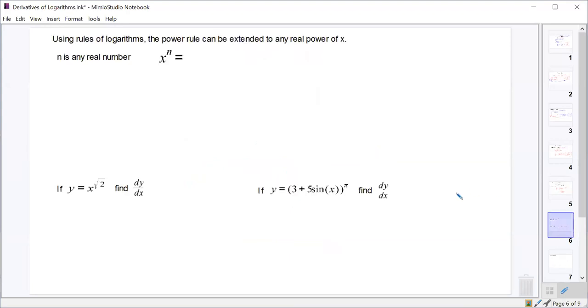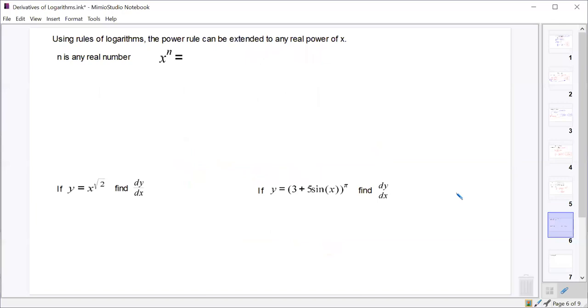All right. Real quickly, I threw this in here because I saw a couple people made a little bit of a mistake with this on the derivatives homework. Remember that the power rule works for any real power of x. We can use logarithms to prove it. I'm not going to prove it.